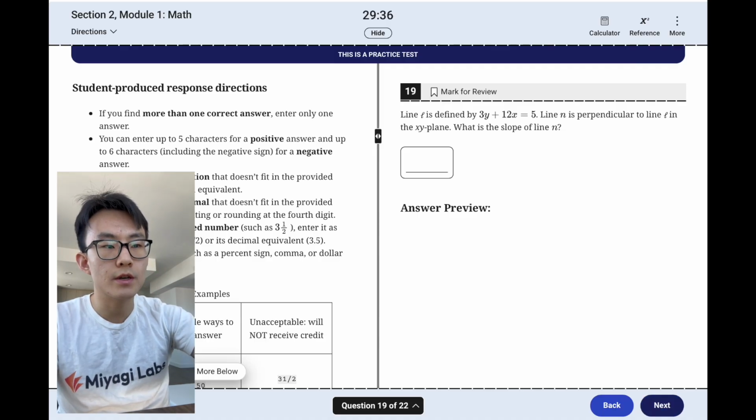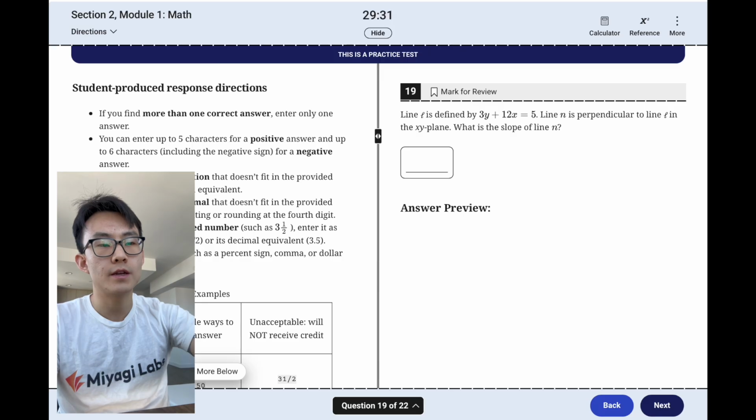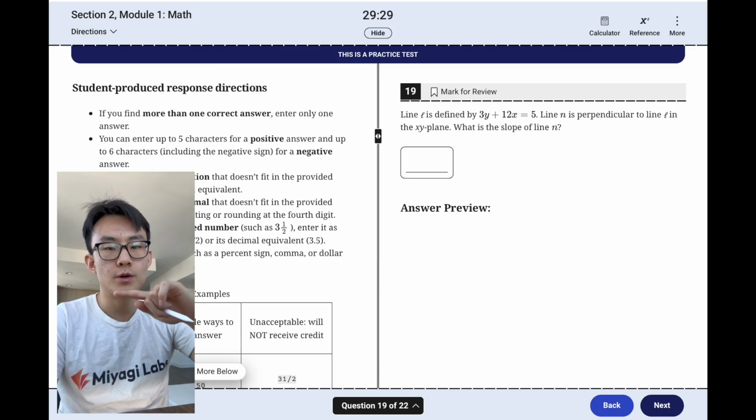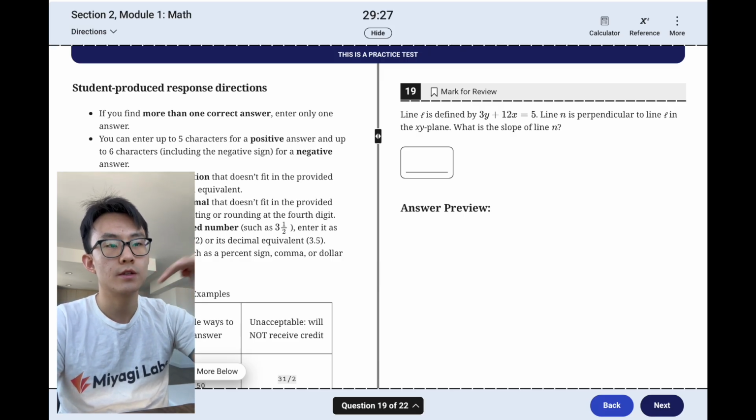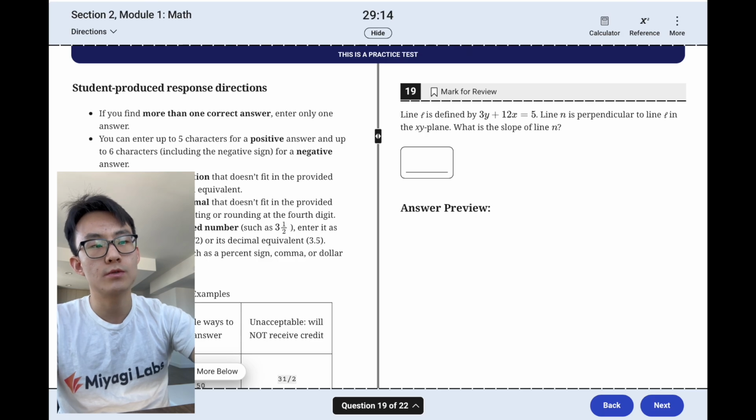Line L is defined by this. Line N is perpendicular. What's the slope of line N? So if it's perpendicular, it's the negative reciprocal. So this is basically y plus 4x equals 1.25.